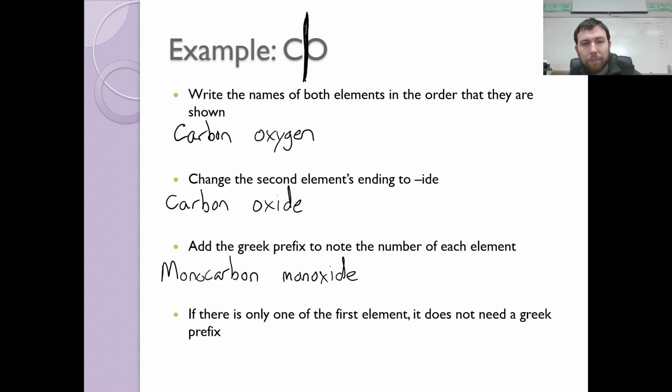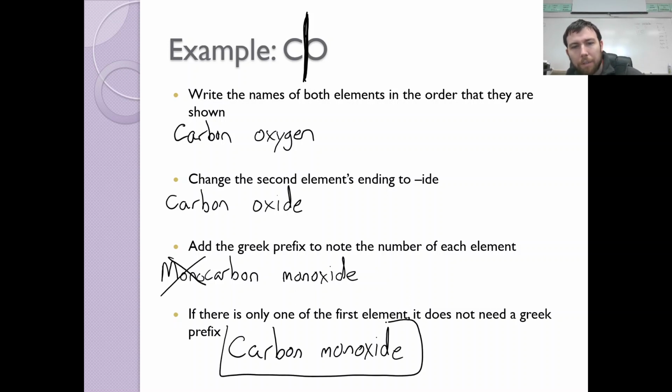And then our last step, because there's only one carbon, we actually don't need the prefix mono, so we can simply write this as carbon monoxide. So that would be the correct name for the chemical compound that is CO. Right? So CO would be carbon monoxide.